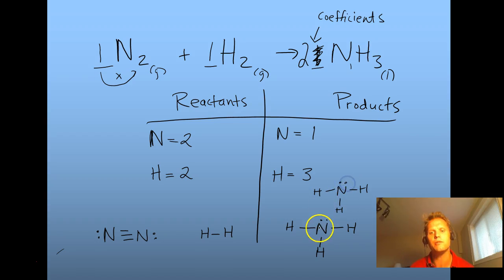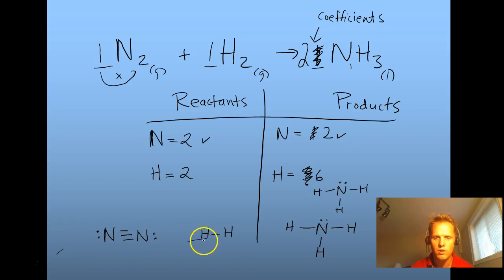And take a look how my numbers change. I now have 2 times 1, 2 nitrogens, which you can see right here. And how many hydrogens do I have? 1, 2, 3, 4, 5, 6. Okay. If we look on the other side, my nitrogen is now balanced with my nitrogen. I have 2 nitrogens on both sides.